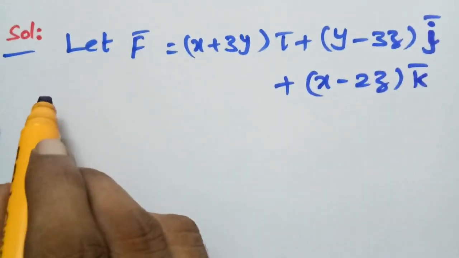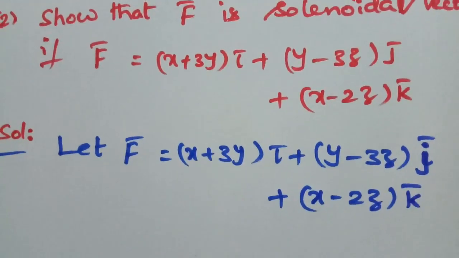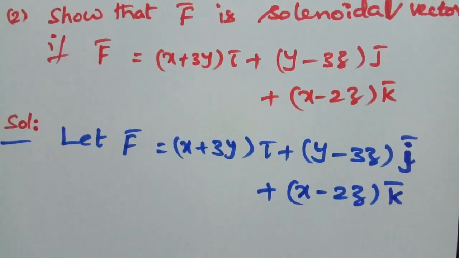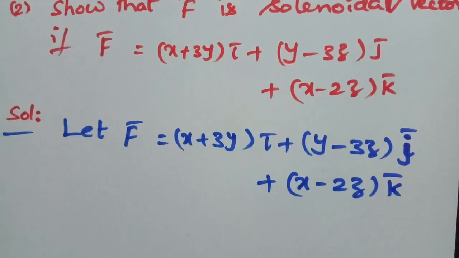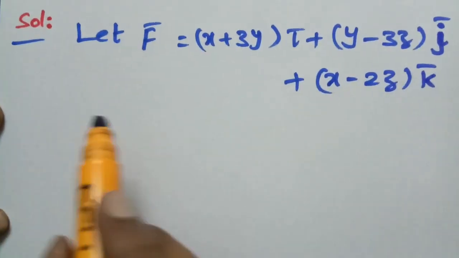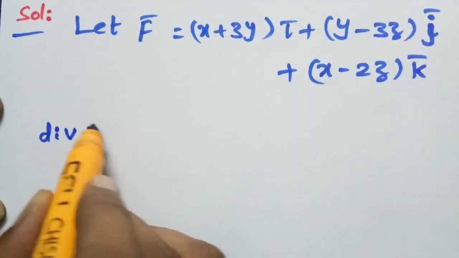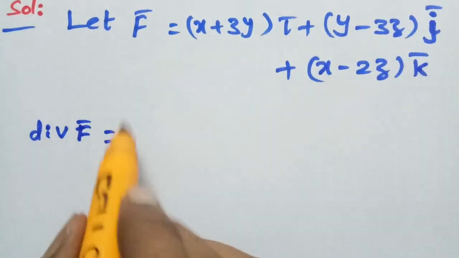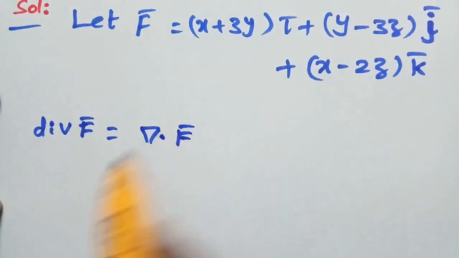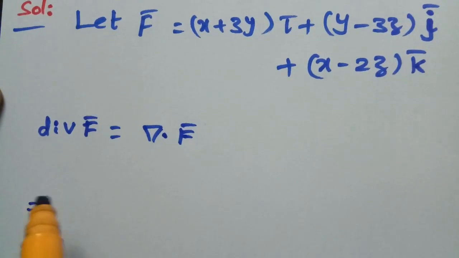Therefore, to show that this vector is solenoidal, by the definition of solenoidal, divergence of f bar should be equal to 0. Then we can say that f bar is a solenoidal vector. So therefore we have to find divergence of f bar. That means div f bar is equal to del dot f bar.